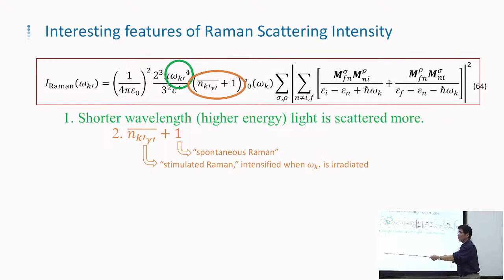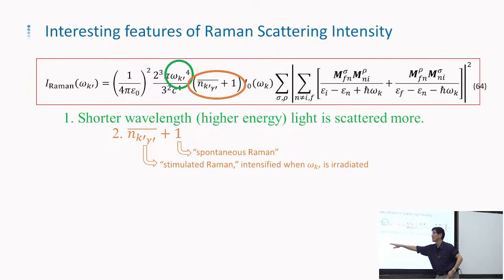By introducing the same light as the Raman scattering besides the excitation wavelength, Raman signal increases more. This is so-called stimulated Raman scattering that is intensified when omega k prime is irradiated.